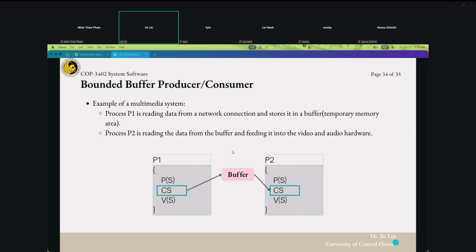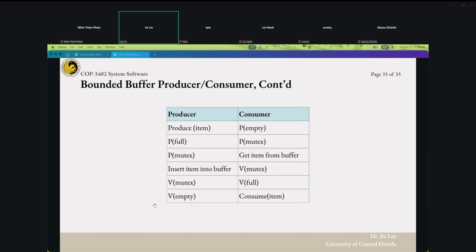And notice clearly that both P1 and P2 use semaphore operations around these critical sections, effectively coordinating access to the shared buffer and ensuring smooth data transfer without conflicts. Now, here it is. So we simply look at the sequence of each process. Simply, the producer is first producing the item.